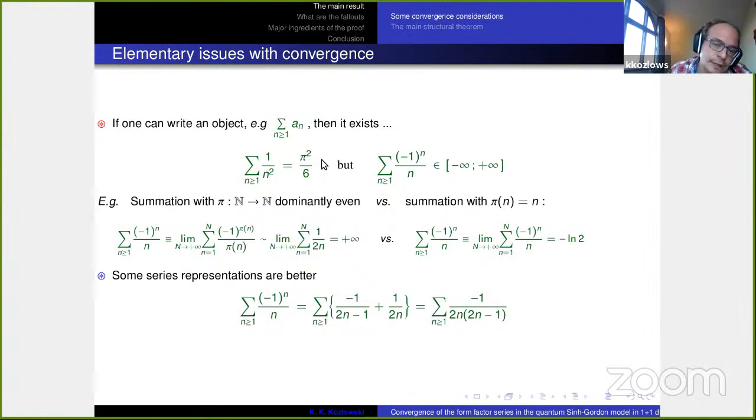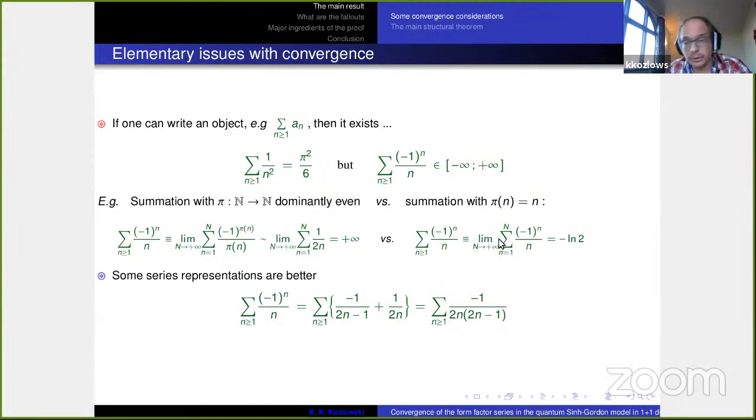For instance, if one takes a summation with some permutation of the integers which is dominantly even, meaning that you permute the integers in such a way that most of the time you just get even integers, and you understand the summation of (-1)^n over n as a limit of a sum over such a permutation of the integers, then basically the sum goes like the summation of 1 over 2n, and this blows up.